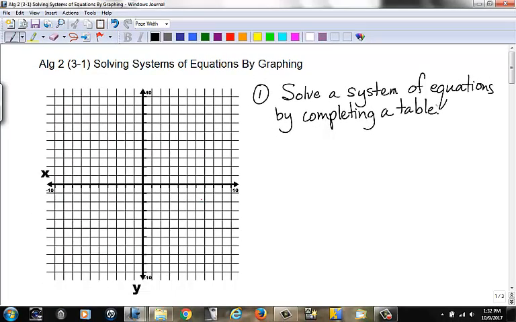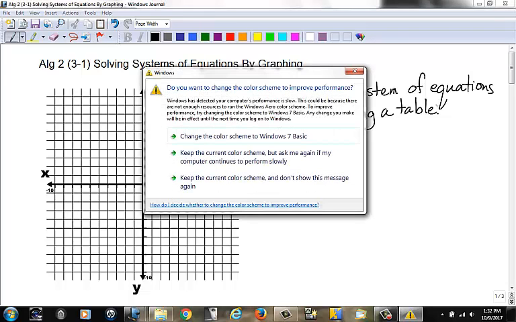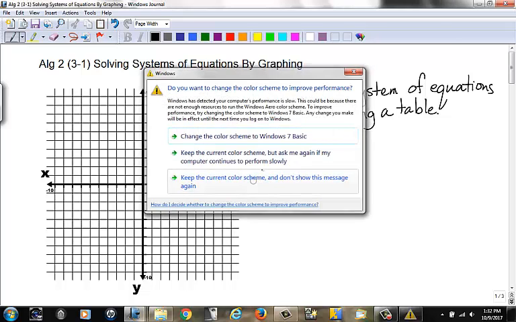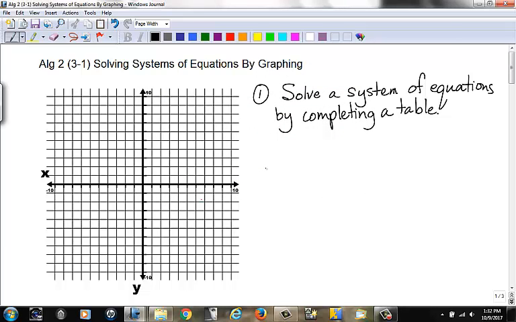Now, you guys can also solve this system of equations by slope-intercept form of graphing. You can do that too. But I think there's at least one on tomorrow's homework where the y-intercept is not anywhere close to being on the graph. So a table is a good idea.